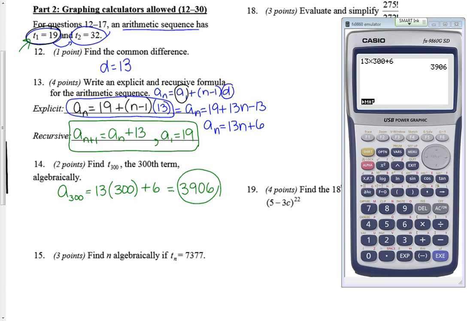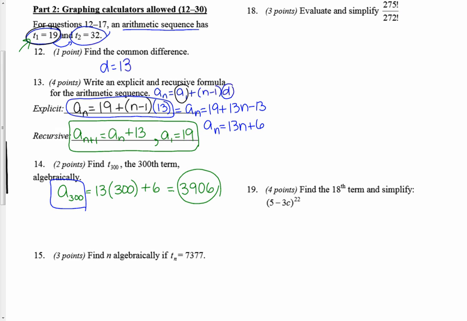All right, question number 15 says find n algebraically if t sub n is 7,377. In this case, I know the left side of this formula, so I'm going to plug in 7,377 as the nth term, and then my formula called for 13n plus 6.